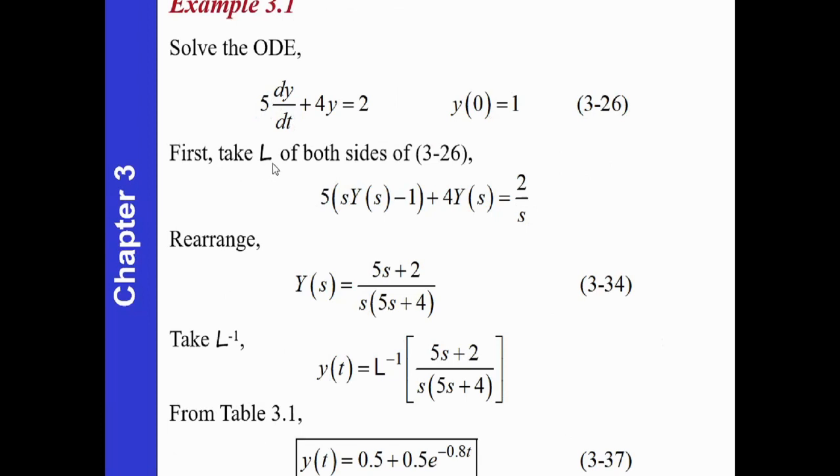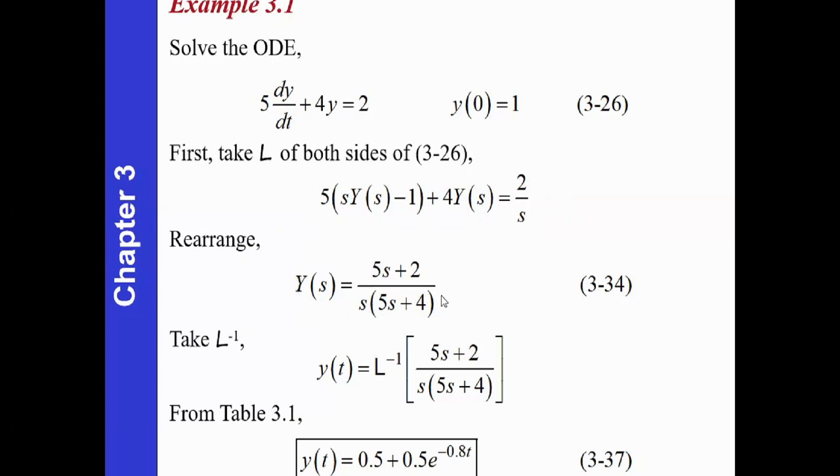Then take the Laplace of both sides of equation 3.26. 5 is a constant, take it out, dy/dt becomes sY(s) minus 1, plus 4 as a constant, take it out, y becomes Y(s), equals 2, a constant, whose Laplace becomes 2 over s instead. So rearranging, we obtain Y(s) in the form of (5s plus 2) over s times (5s plus 4). That is the Laplace transform.